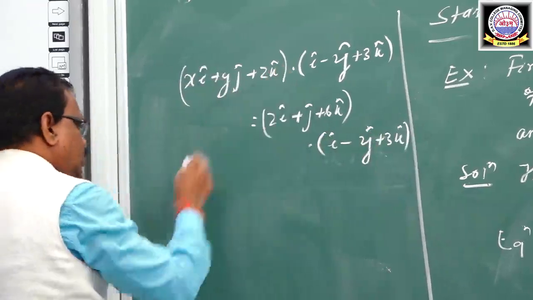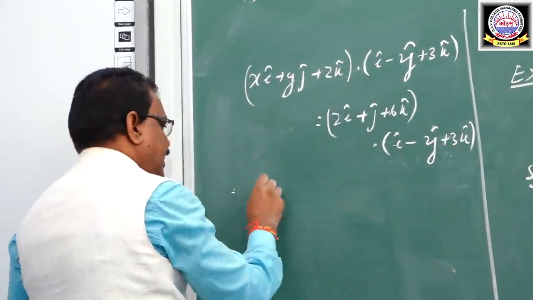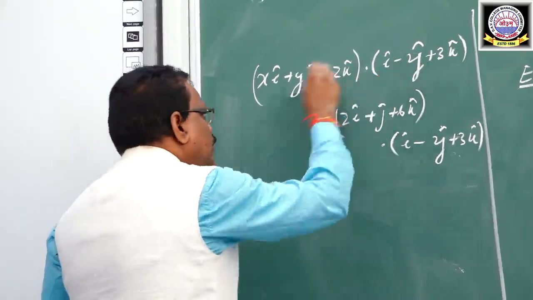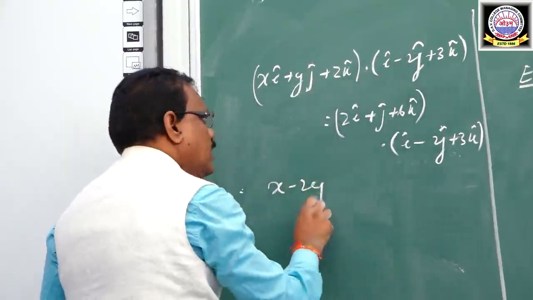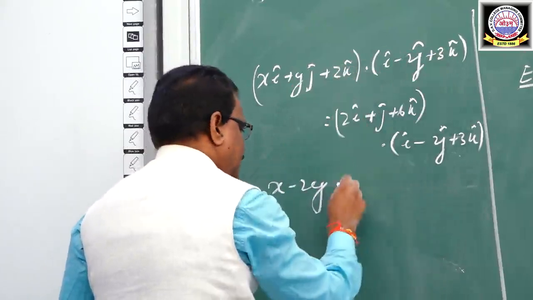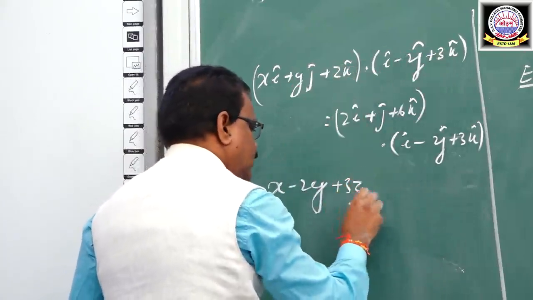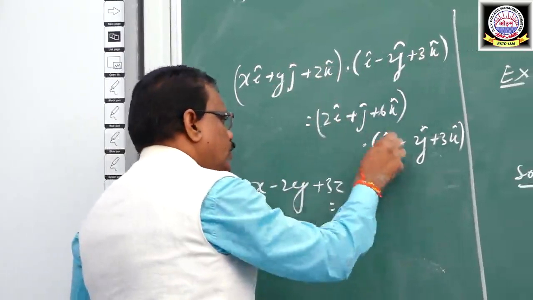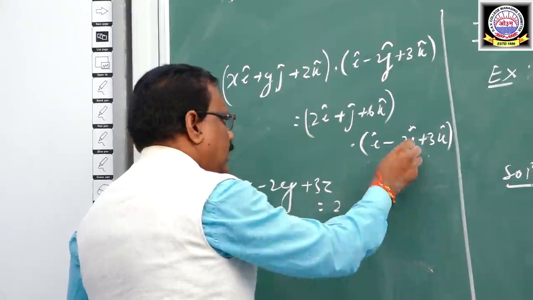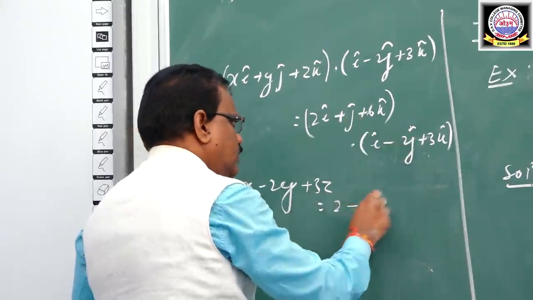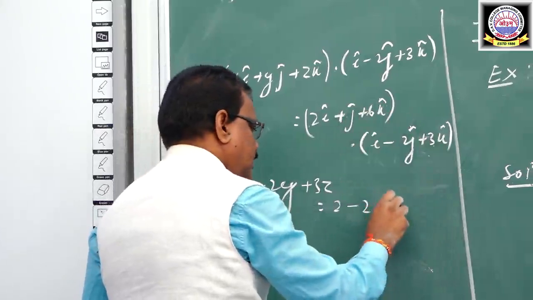So if we do this dot product, 1 into x, minus 2 into y, that is minus 2y, then 3 into z, 3z, is equal to 2 into 1, 2, minus 2 into 1, minus 2, 6 into 3, 18.